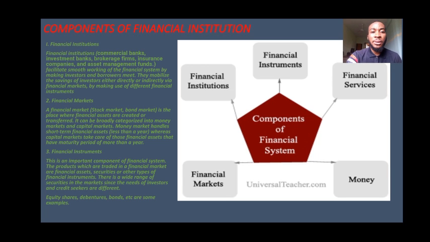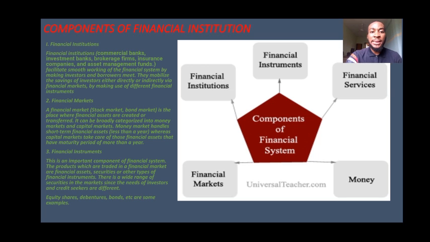Financial institutions, which are commercial banks, investment banks, brokerage firms, insurance companies, and asset management funds, facilitate the smooth working of the financial system by making investors and borrowers meet.